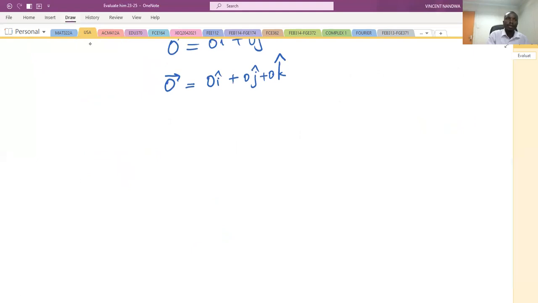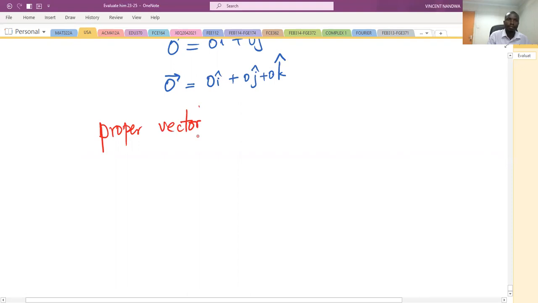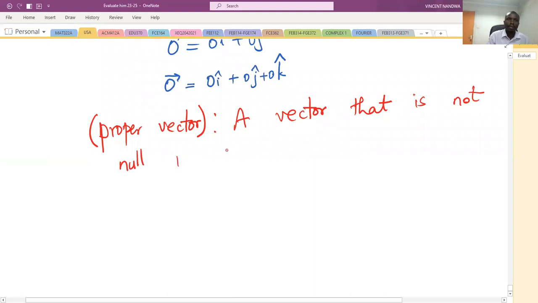Now there's also what we call a proper vector. A vector that is not null is called proper.